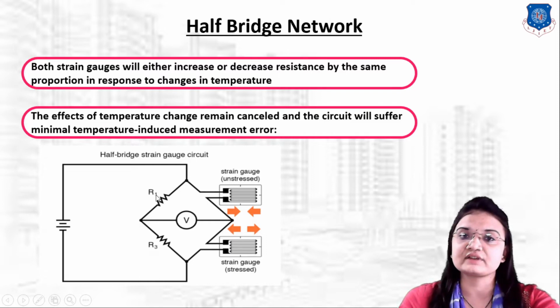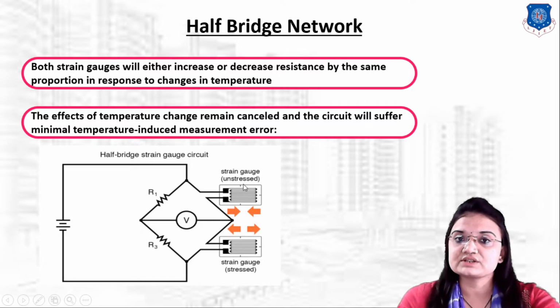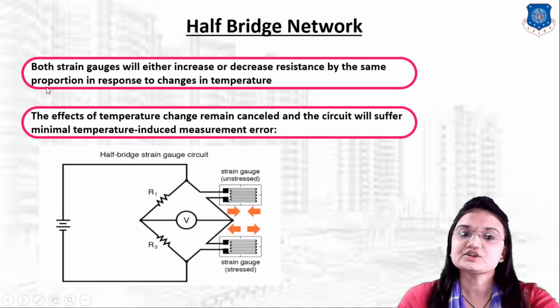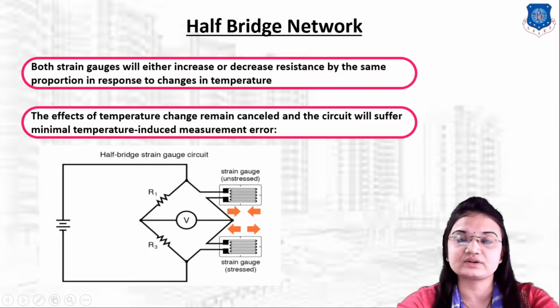This one is R1 resistance, R3 resistance, and here we have a strain gauge instead of R2 resistance. Both strain gauges will either increase or decrease the resistance by the same proportion according to changes in the temperature of the strain gauges.